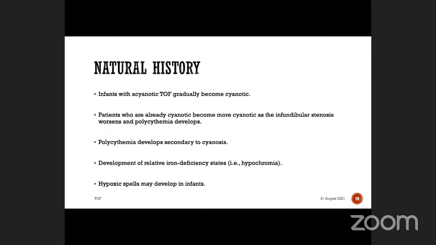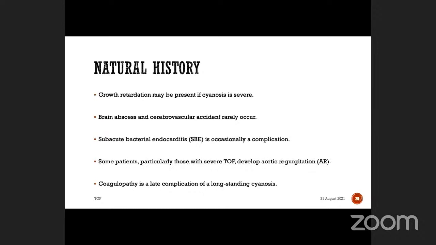Polycythemia is a secondary effect of the chronic cyanosis they develop. Development of relative iron deficiency anemia is not uncommon, and hypoxic spells may develop in infants. Most of them will have growth retardation, directly correlated with the severity of cyanosis.